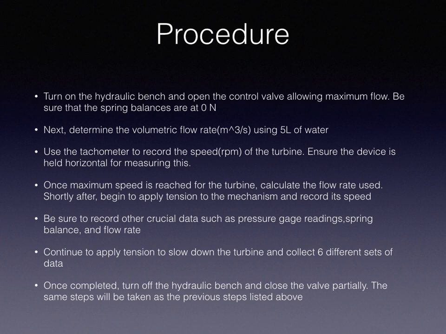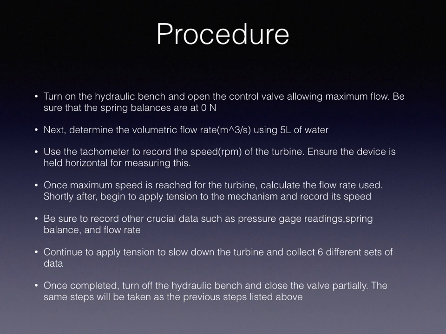We first used a hydraulic bench flow rate of water to spin the turbine. This flow rate entered the spear valve completely open and was measured in cubic meters per second, given 5 liters of water. We then recorded the speed of the turbine with a device called a tachometer, which measured the speed in RPM, or revolutions per minute.